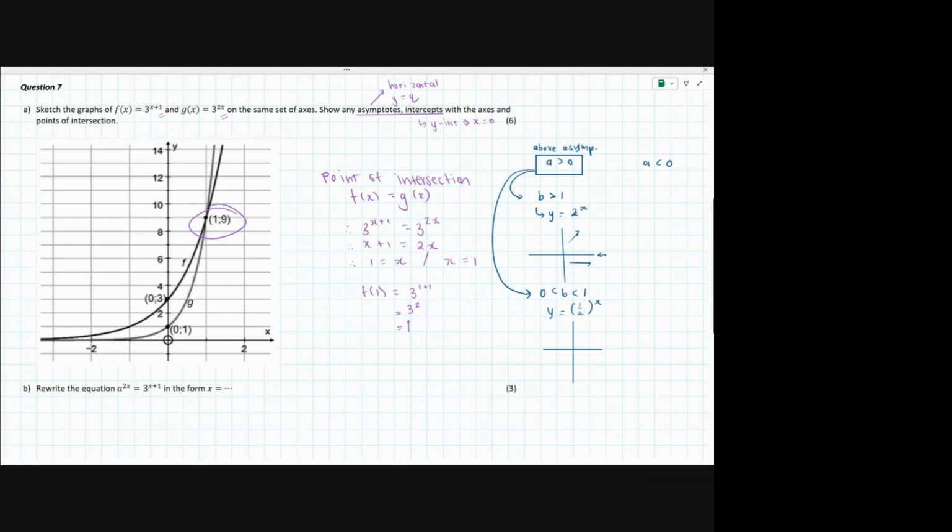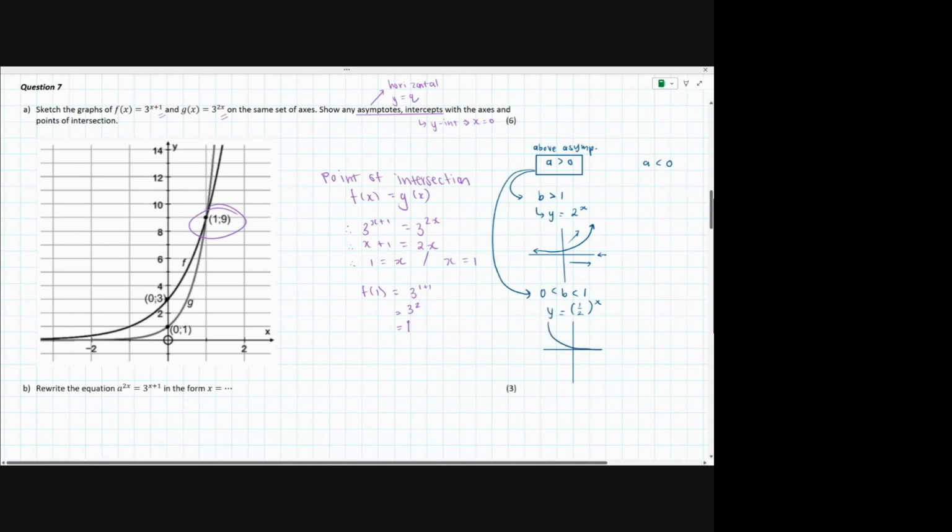If we go on the other side, 2 to the negative 1, a half. 2 to the negative 2, a quarter. 2 to the negative 3, an eighth. They get closer and closer to your asymptote. So you have an exponential function that is increasing. Whereas if it's a fraction, it is decreasing.